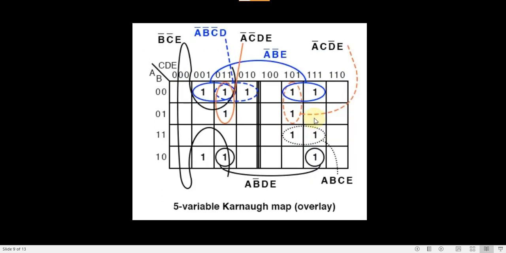Then we have to imagine a 3D figure, which means we assume that this is placed on top of this. In that case, whatever falls vertically below can be grouped. This is known as the overlay. Like these 1, 1, 1, and these 1, 1, once they are placed over each other, they'll fall on the same vertical axis, so they can be grouped accordingly.